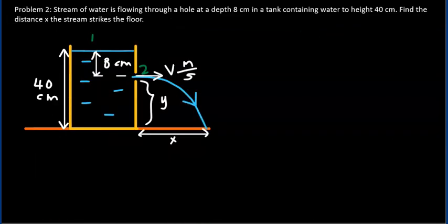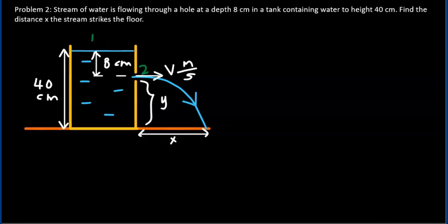Problem 2. Stream of water flowing out through a hole at a depth of 8 cm, that is the hole, in a tank containing water to a height of 40 cm. Find the distance x the stream strikes the floor. So let's write down Bernoulli's equation relating point 1 and point 2.